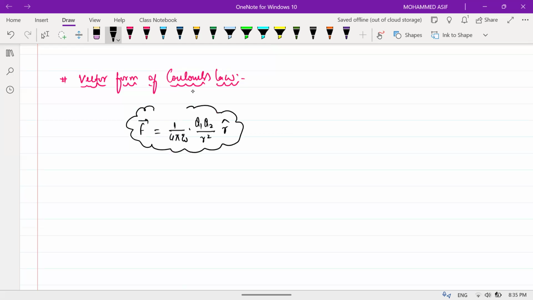Am I clear? What is R cap, beta? R cap is known as the unit vector.